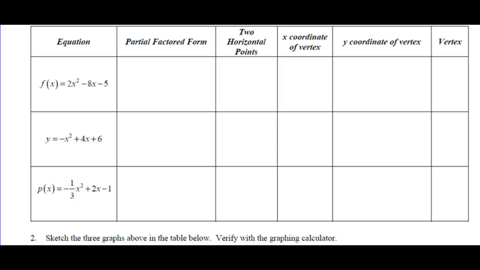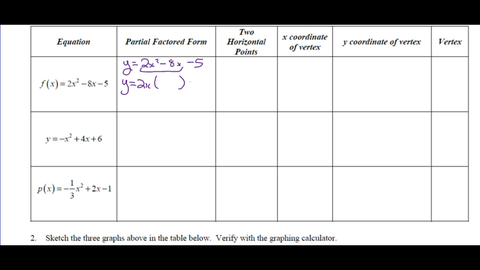Okay, so partial factored form, right? So first of all, I'm going to just start by writing it as y equals. Partial factoring says, let's take the first 2 terms. So what's the greatest common factor of 2x squared and 8x? 2x.